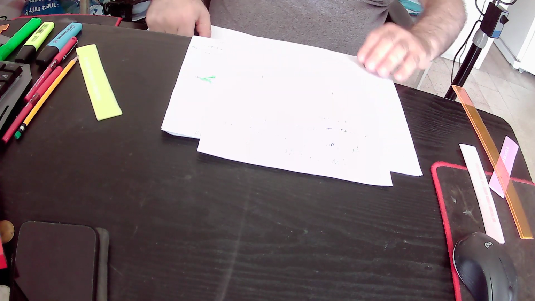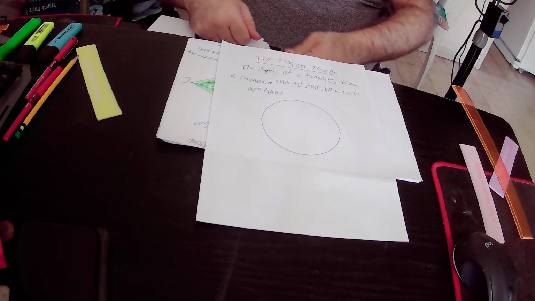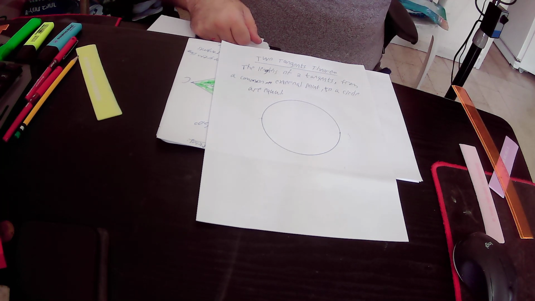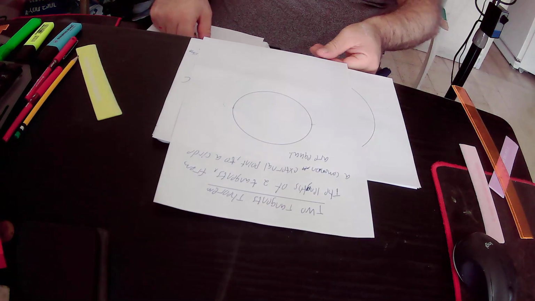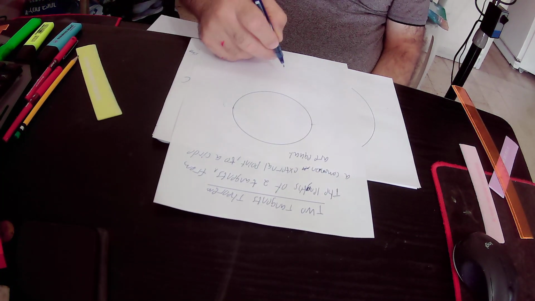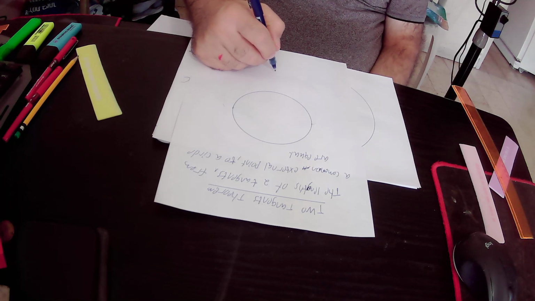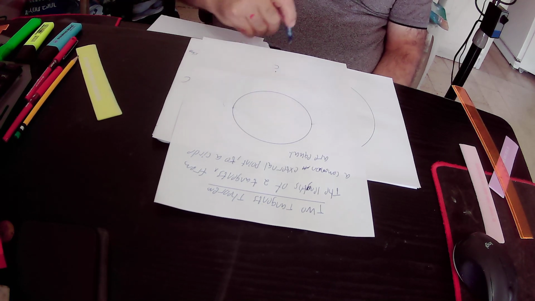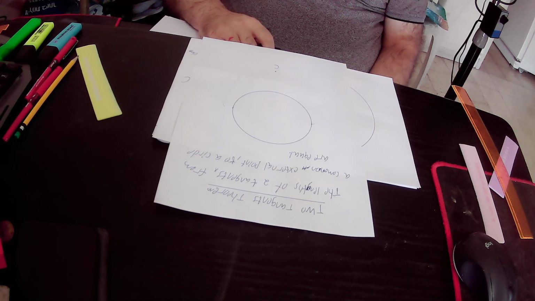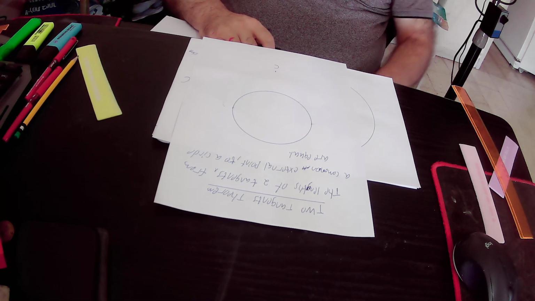So I will read again the two tangents theorem. The two tangents theorem states that the lengths of two tangents from a common external point to a circle are equal. So actually here, if we have an external point to this circle, we'll call it point C, and from point C we draw two tangents to this circle.